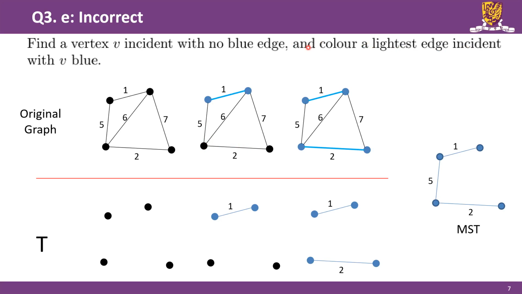Then, following the rule, we will choose this edge. Then we have colored all the vertices, and there are no more vertices available. So the algorithm will terminate at this point, and it will never form a minimal spanning tree.